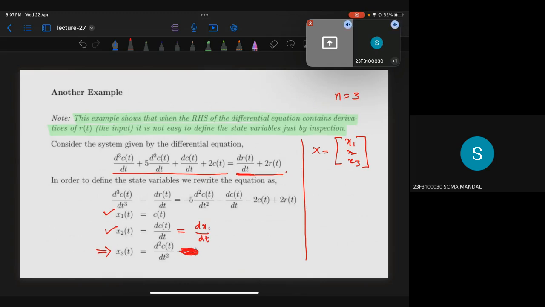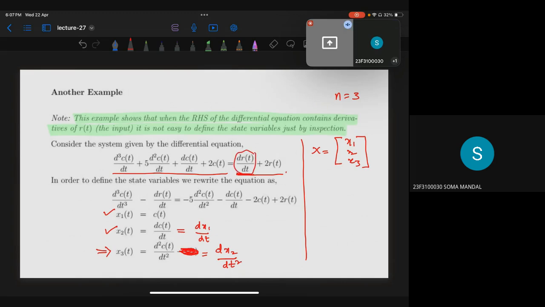That is how we will go till nth order. But here, if you proceed with that, nowhere will we get this term.